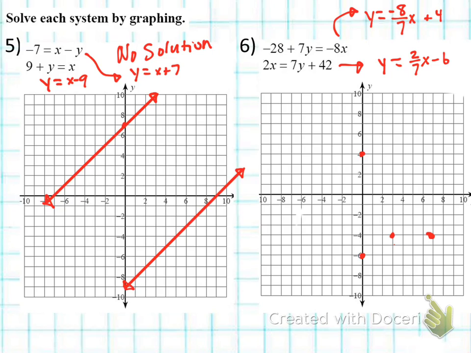Oh yeah, I did something wrong here. This is not supposed to be here. So that's the point that they share. Okay, so this is the point here. It's 7, negative 4.